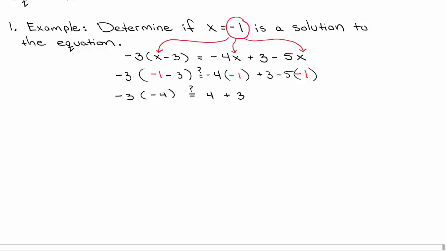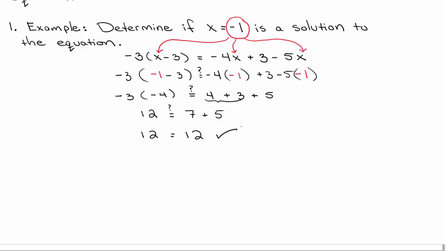And -5 times -1 is going to give me +5. Over here, we're going to end up with a +12. And over here, we have 4 plus 3, that's 7, and 7 plus 5 is 12. And this ends up being true.